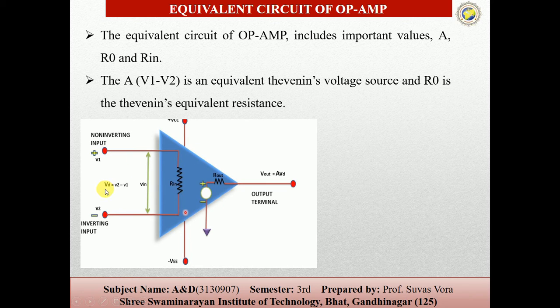You can see here VD is the differential voltage. So the output V0 depends on the gain A times V1 minus V2.